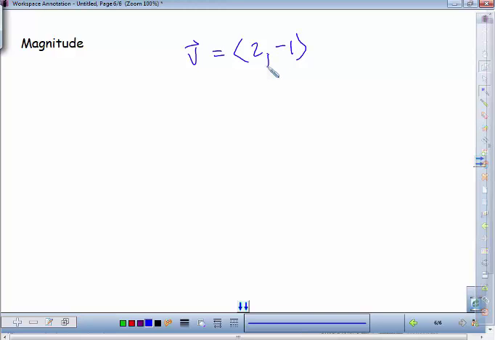Let's find the magnitude of v, which is (2, negative 1). Imagine this being a vector in standard position, and you want to find the length of this vector. So magnitude is length.